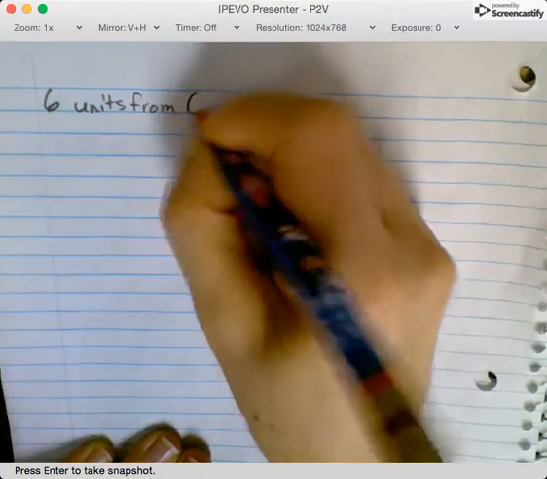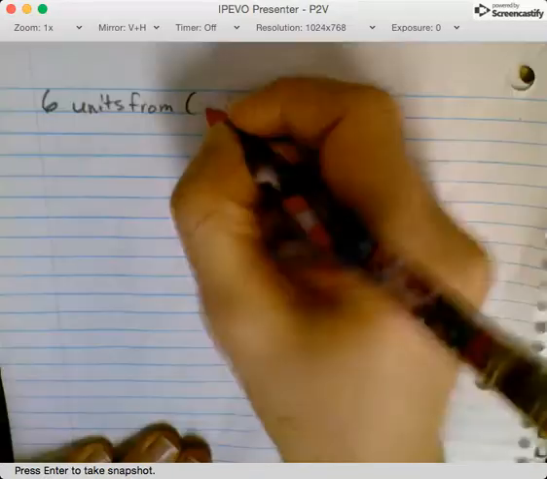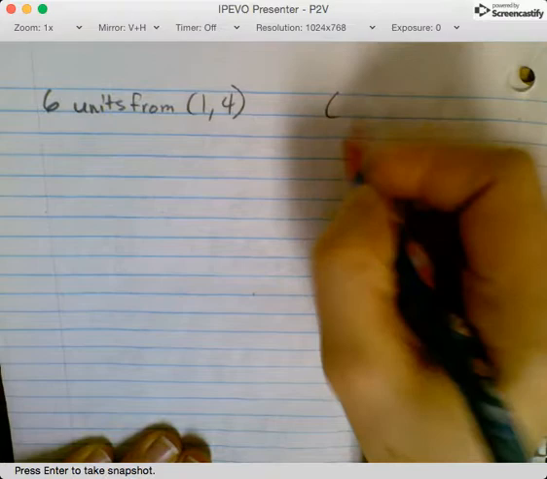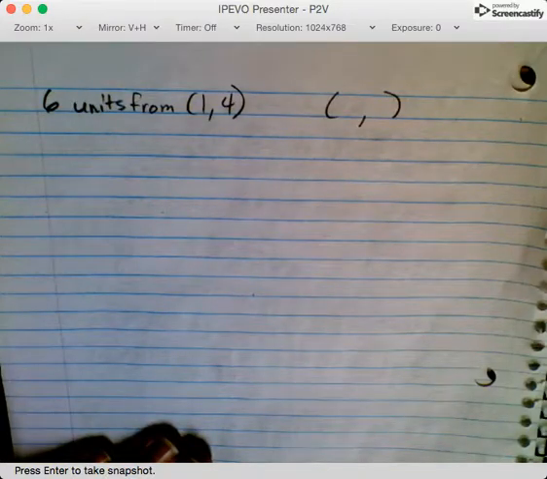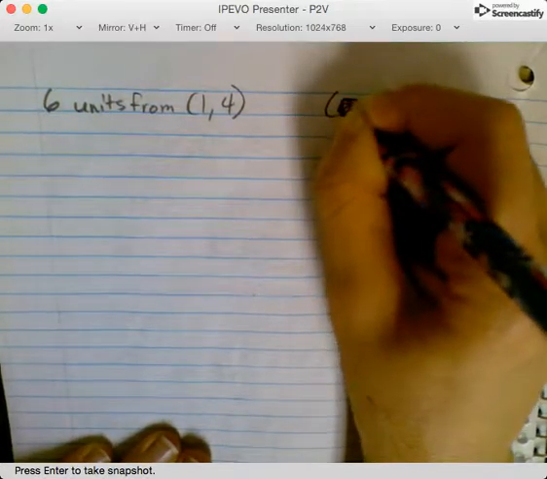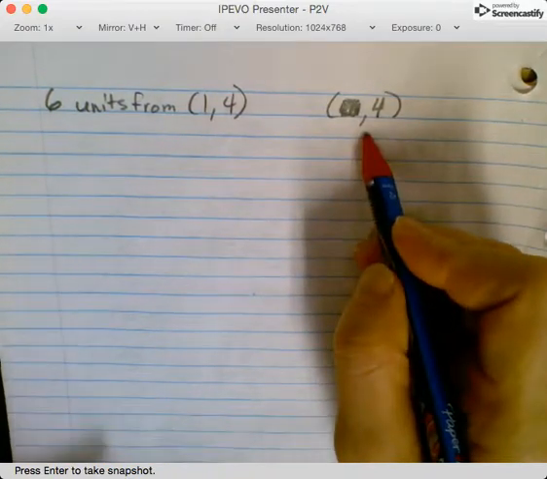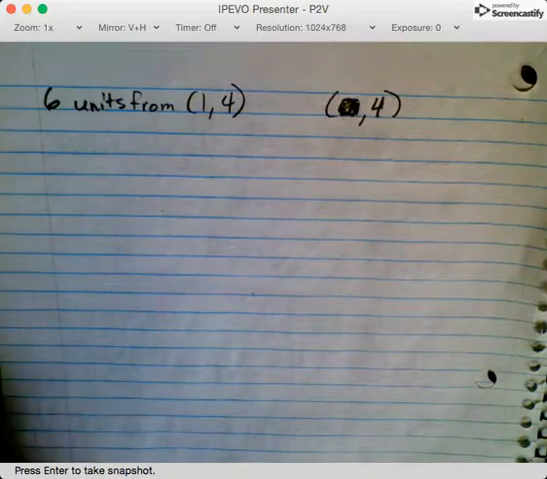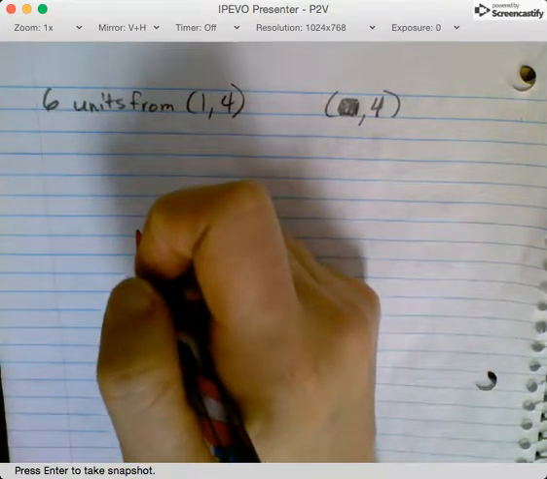So if I give you 6 units from 1, 4, and let's say the problem has a blank and then a 4. We know that second value is going to be 4, but we have to find that first value. There are 2 possible first values because you can go in either direction.